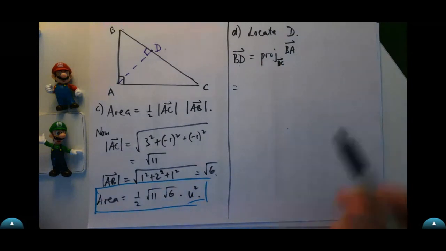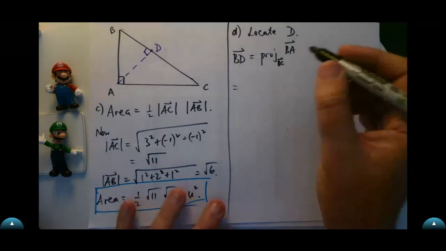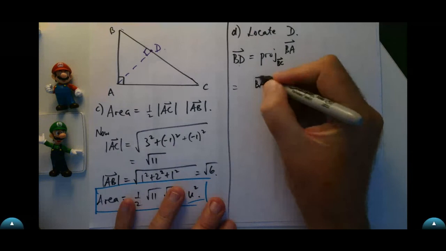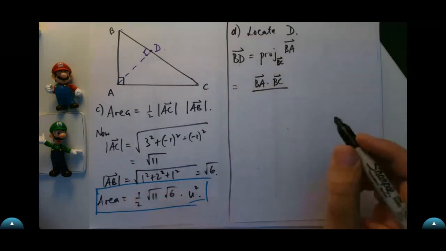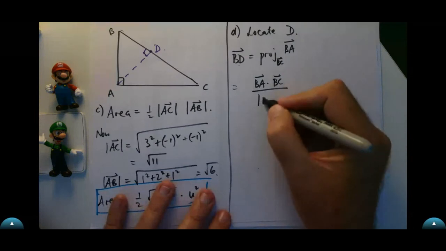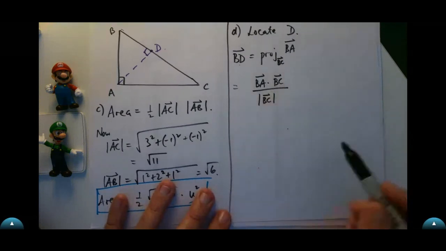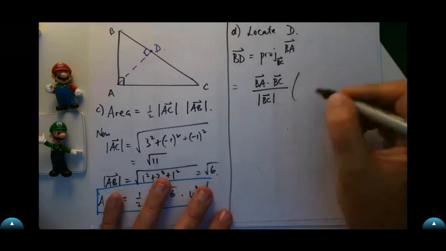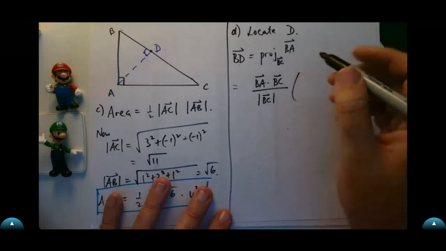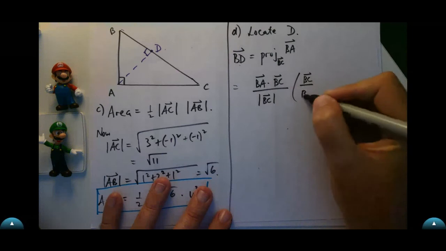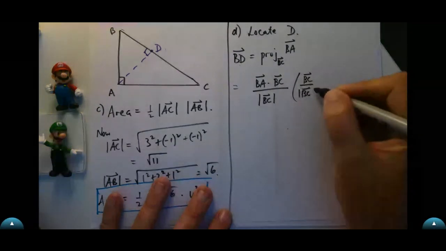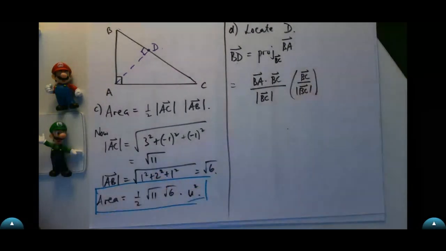Well, it's the dot product of these two things divided by this length, okay? And you multiply that by a unit vector in the same direction as BC.